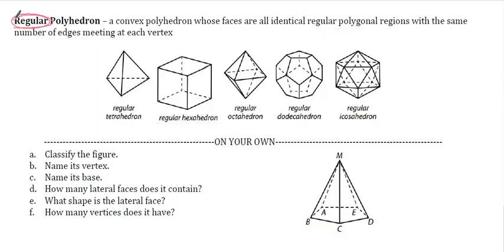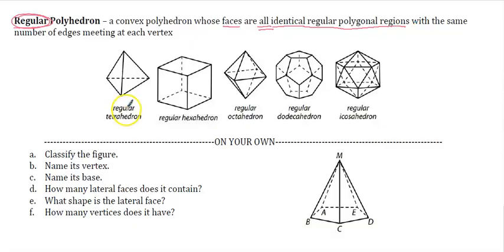A regular polyhedron is a convex polyhedron whose faces are all identical regular polygonal regions, with the same number of edges meeting at each vertex. So again, all the faces are identical regular polygonal regions is the key there.